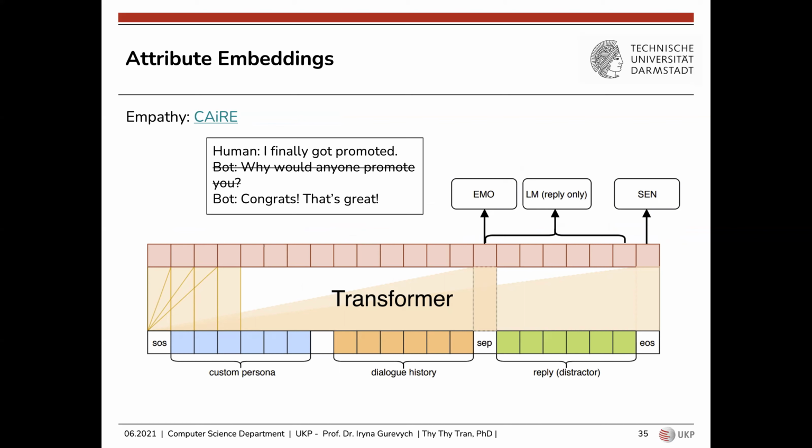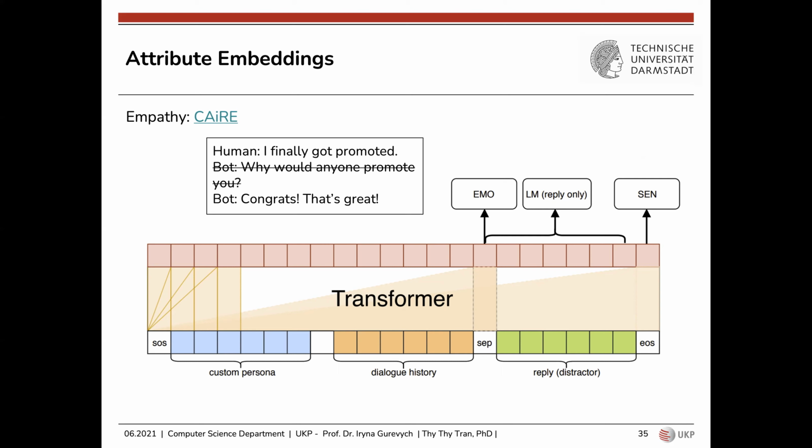For example, here, it's relevant if the boss said, "Why wouldn't anyone promote you?" But it would be too harsh and rude. So here, "Congrats, that's great" sounds more empathic because it knows the proud feeling of the user, and we should be happy for the user.